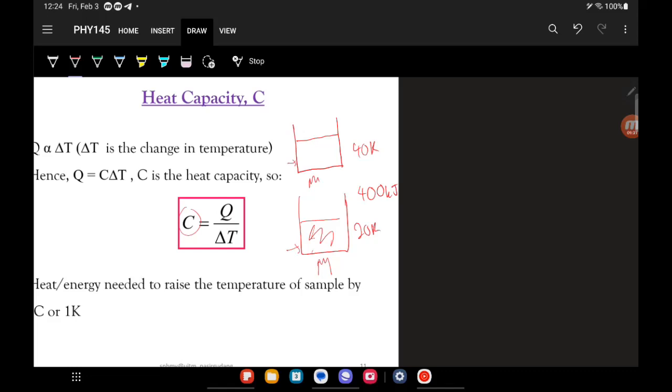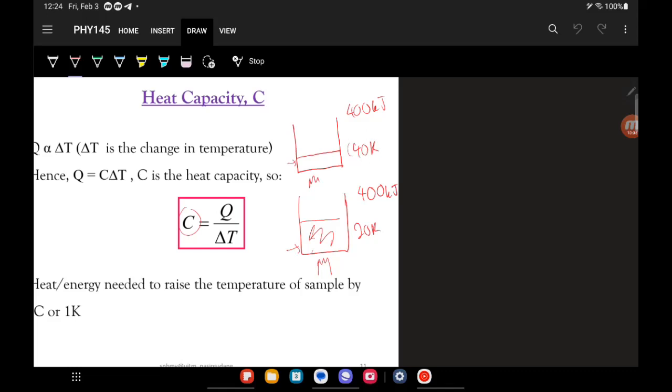If I were to provide the same amount of energy, whereas the volume or the size of the material is reduced to half, you will see that the temperature increase is twice as much, because the same energy goes into half the mass. The first example will only increase by 20 Kelvin, while the other one increases by 40 Kelvin.